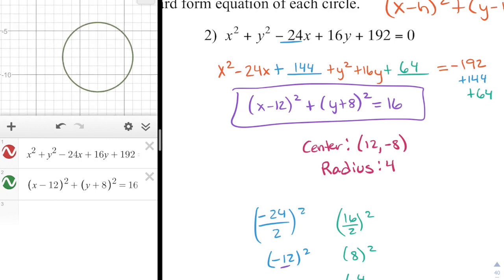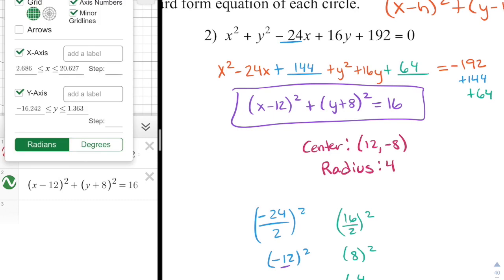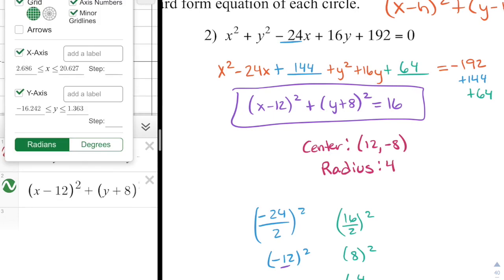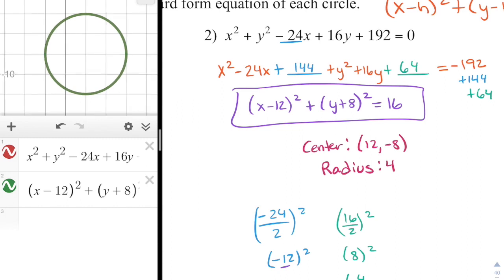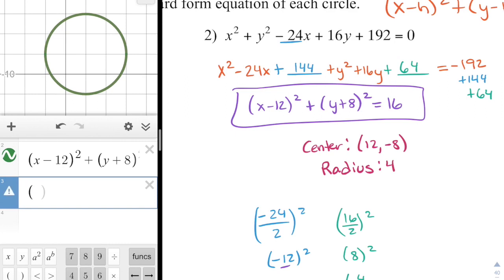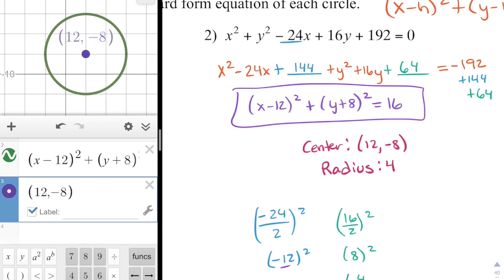If I go to look, yes, there's a center at 12, negative 8. I can graph that, 12, comma, negative 8. I'll graph that location and throw a label on it. That's your center. And then you have a radius of 4.